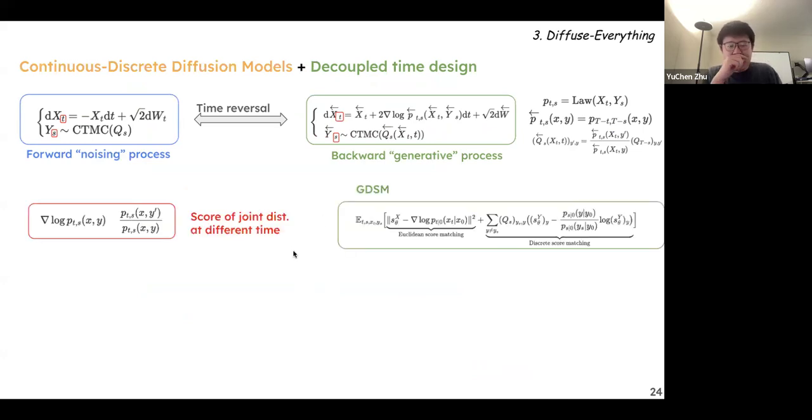This means that we'll be learning the score of the joint distribution at different times. And in fact, the loss has two different components, where the first one has the matching target of the conditional score at time t, and the second part has the matching target of the conditional score at time s.